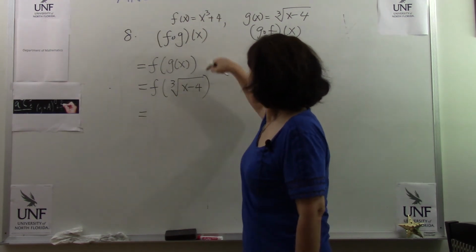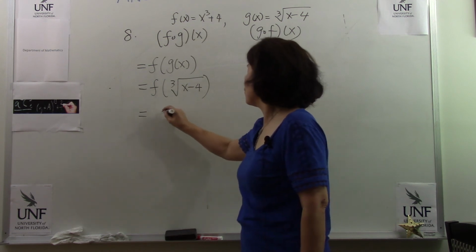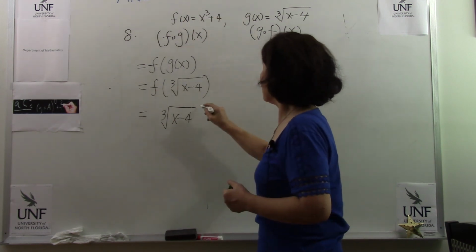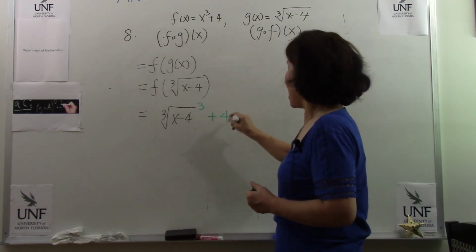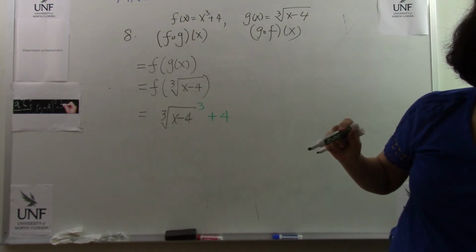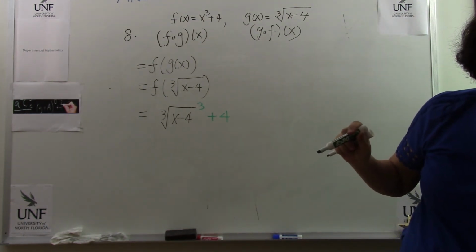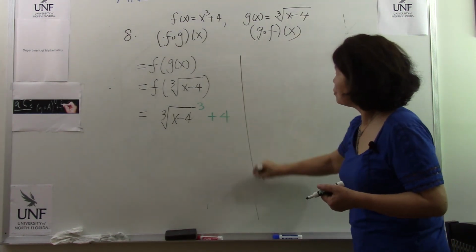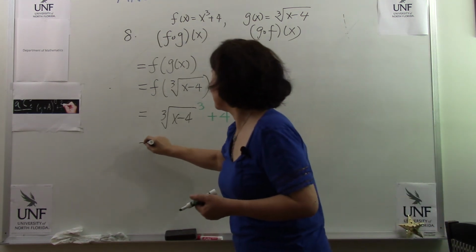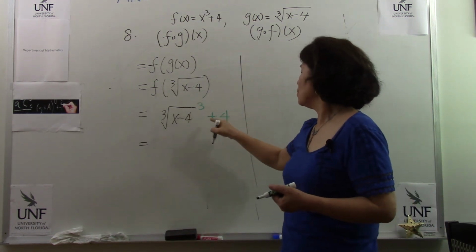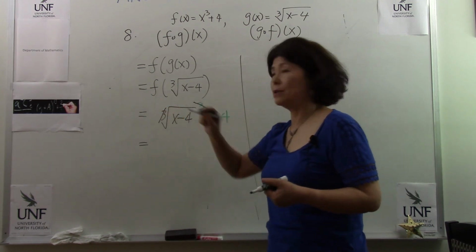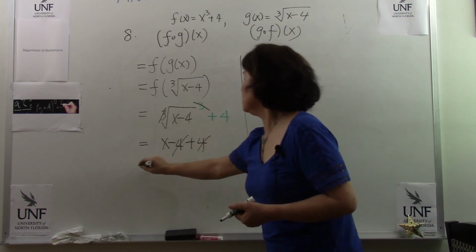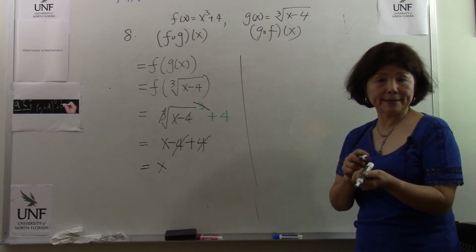So, this one will go in here for x, so cube root of x minus 4, and that one is going to be cubed, and then plus 4. Cube root of this cubed plus 4, so the cube root and cube cancel. So x minus 4 plus 4 is cancelled, and the final answer is x.